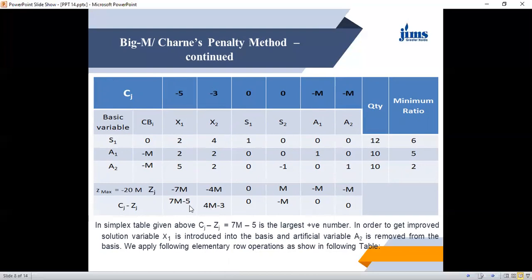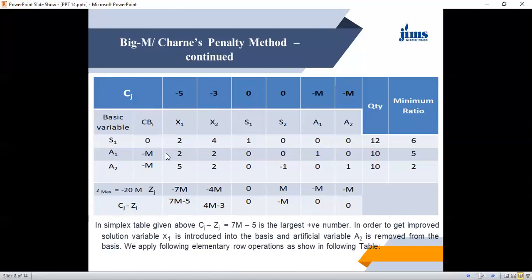M is a very large quantity, so both are positive, but the maximum value is 7m minus 5. The column containing the maximum positive value of Cj minus Zj will be considered as the key column. So this is the key column.